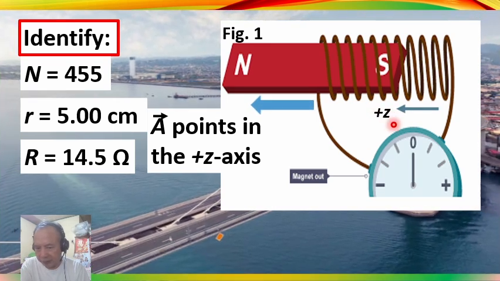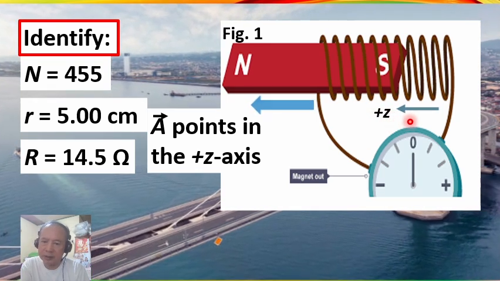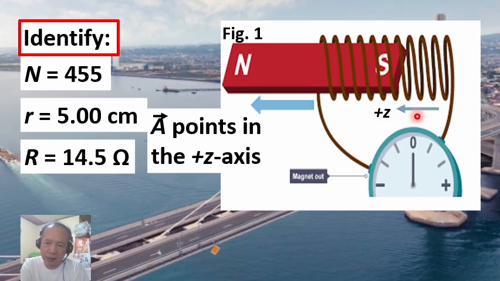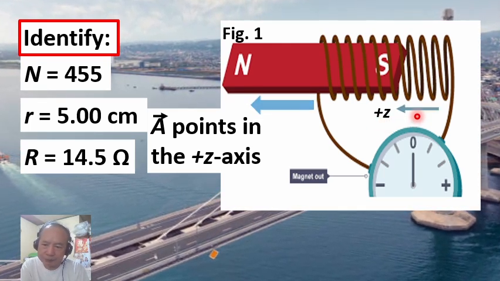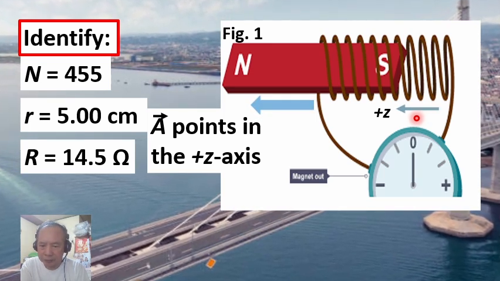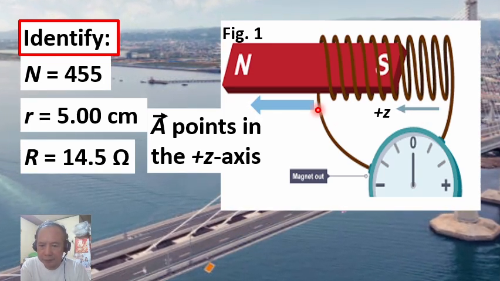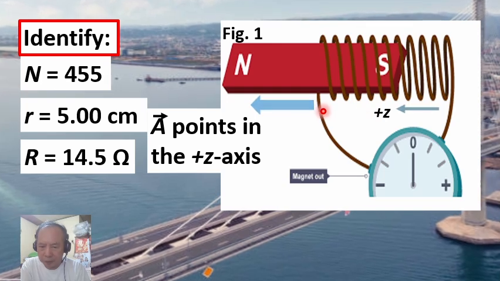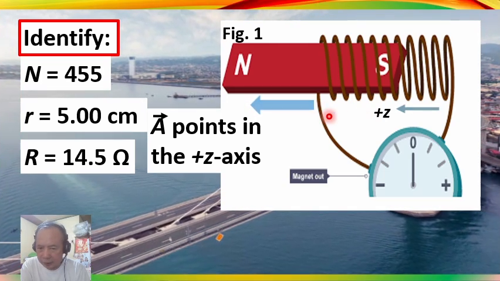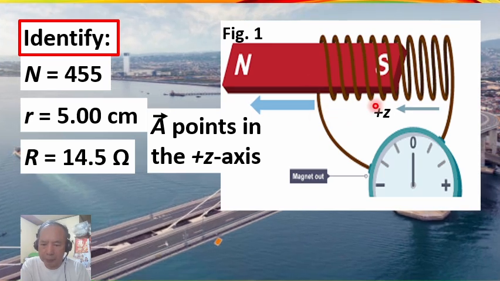The positive z axis is to the left, and that is also the direction of the movement of the bar magnet.